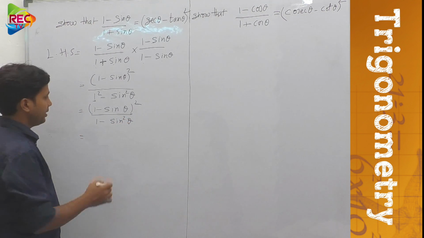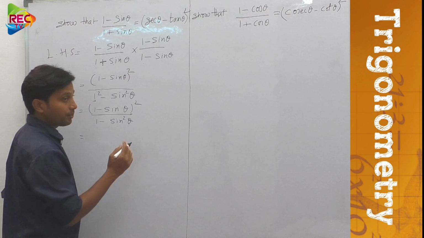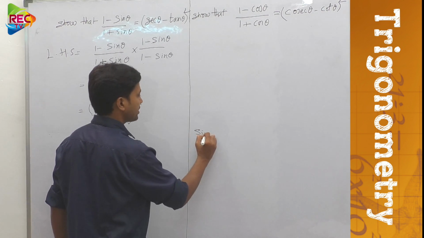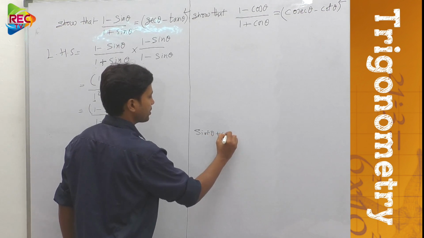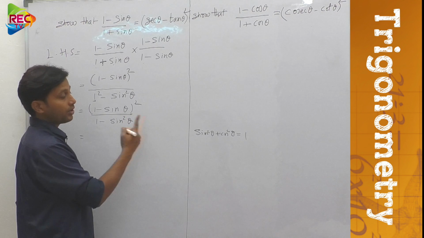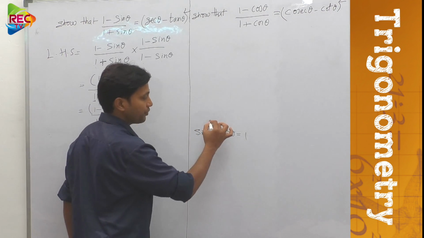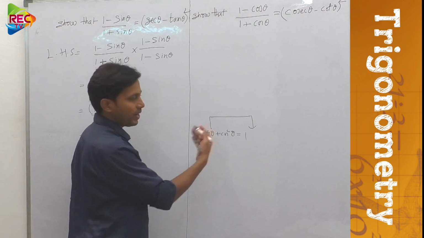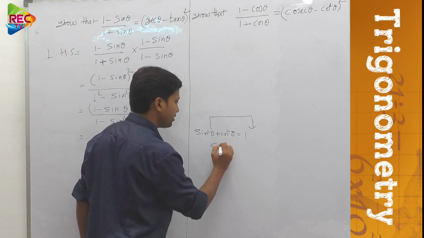Now tell me, here 1 minus sin square theta, from the basic identity, how can we write this? Sin square theta plus cos square theta equal to 1. From this, 1 minus sin square theta means, how can we rearrange this? If you send this sin square theta to the other side of the equation, plus becomes minus, signs are changed.